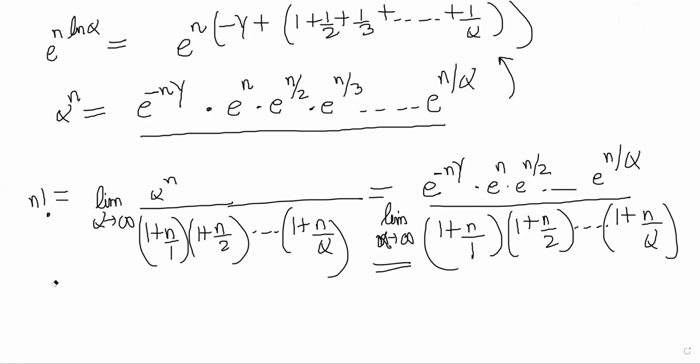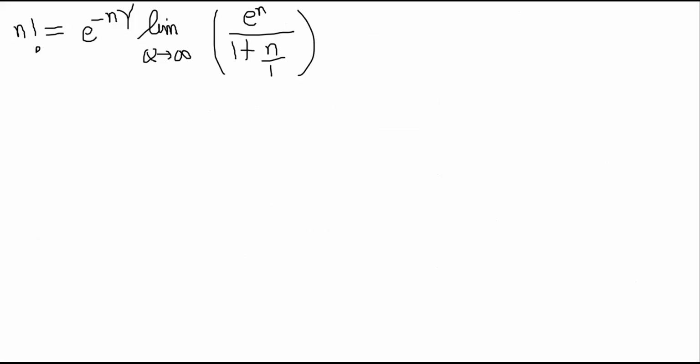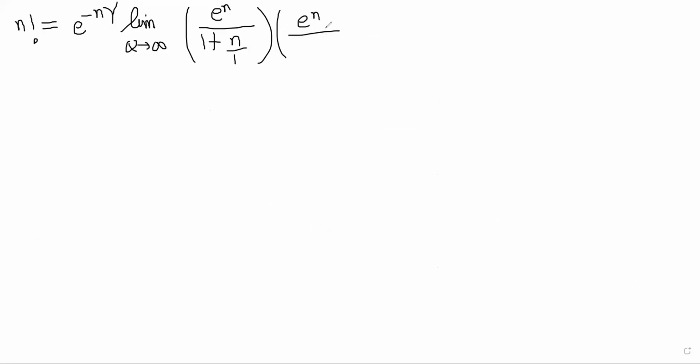So I'm getting n factorial is equal to this, right? Great. I will rewrite it on the other screen. N factorial is equal to e power minus n gamma and the limit of alpha tends to infinity of e power n by 1 and 1 plus n by 1, and e power n by 2 and 1 plus n by 2, and so on till e power n by alpha and 1 plus n by alpha.